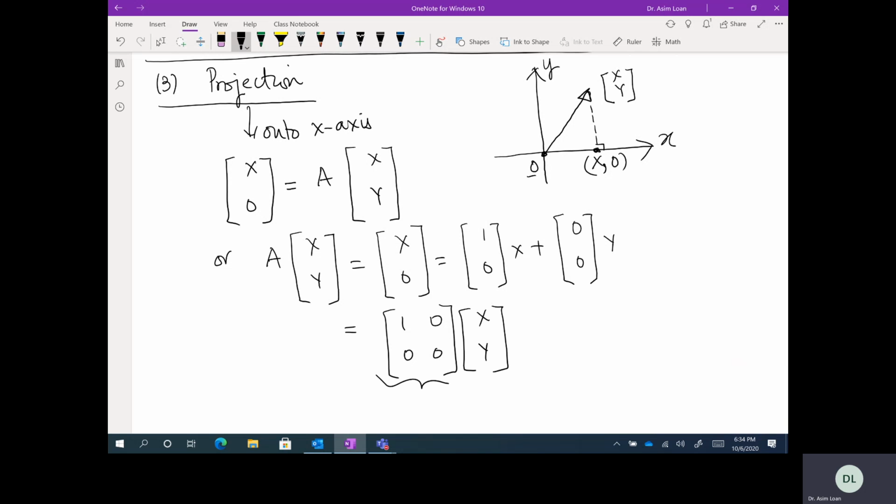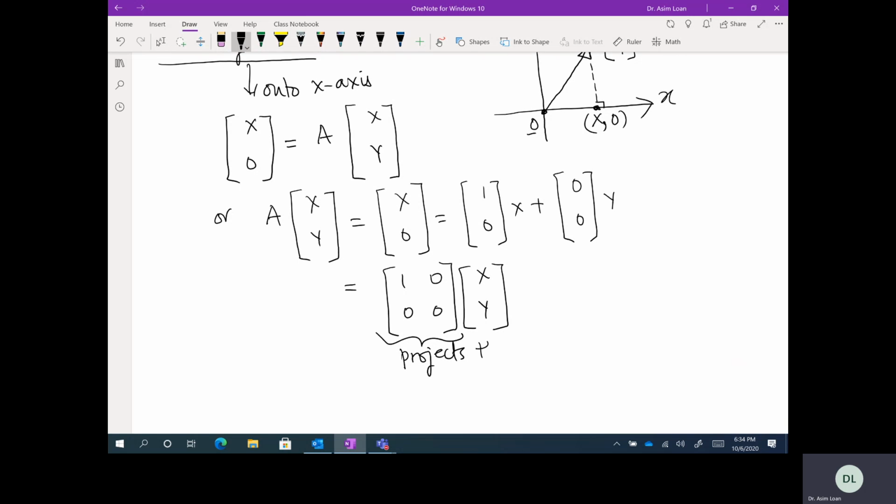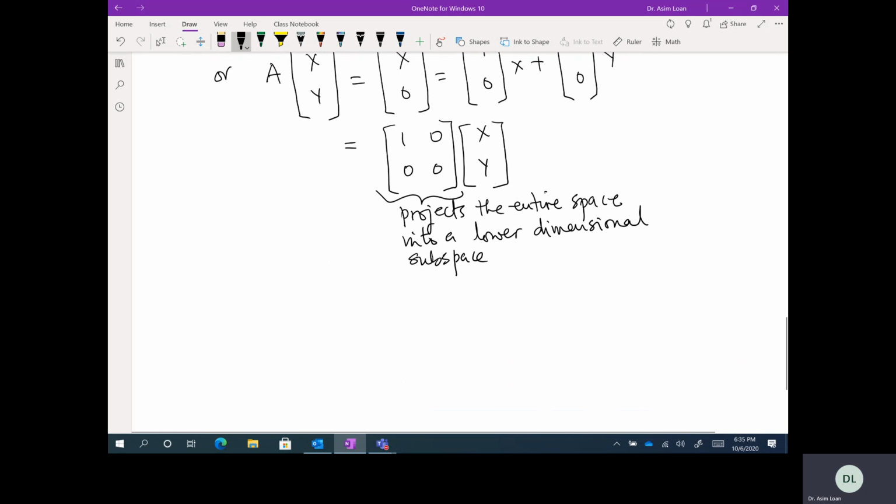So this matrix projects the entire space into a lower dimensional subspace. Okay.